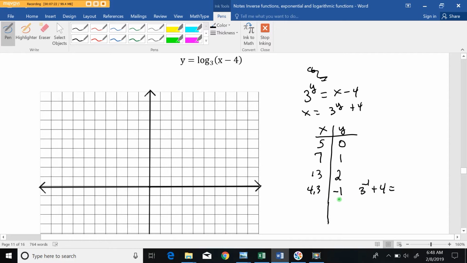Let me do one more here. If y is negative 2, then this is going to read 3 to the minus 2 plus 4, which is 1/9 plus 4. I'll just get a decimal for that. That's 4.11.